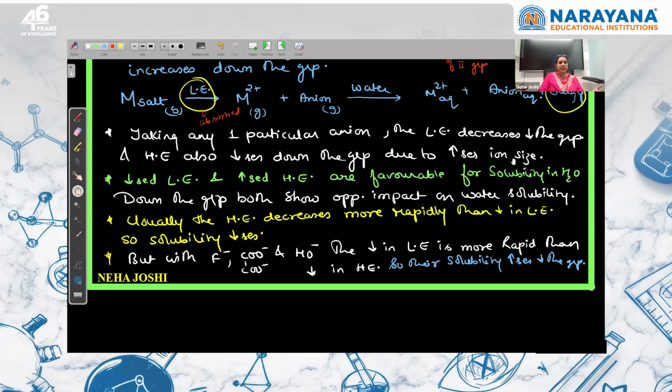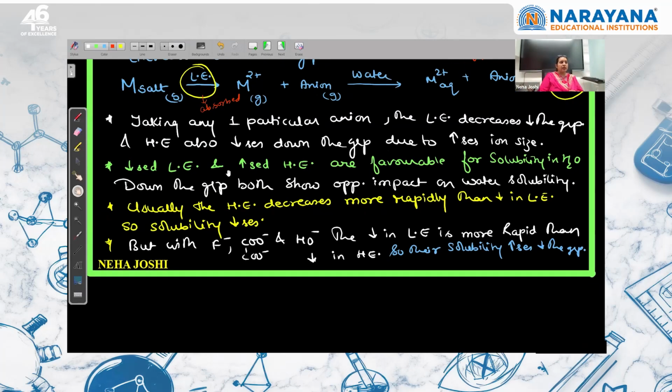Both due to the increase in size. For both, due to the increase in size, lattice energy and hydration energy are decreasing down the group. But for solubility we want lattice energy to decrease and hydration energy to increase. But both are having an opposite impact, right?